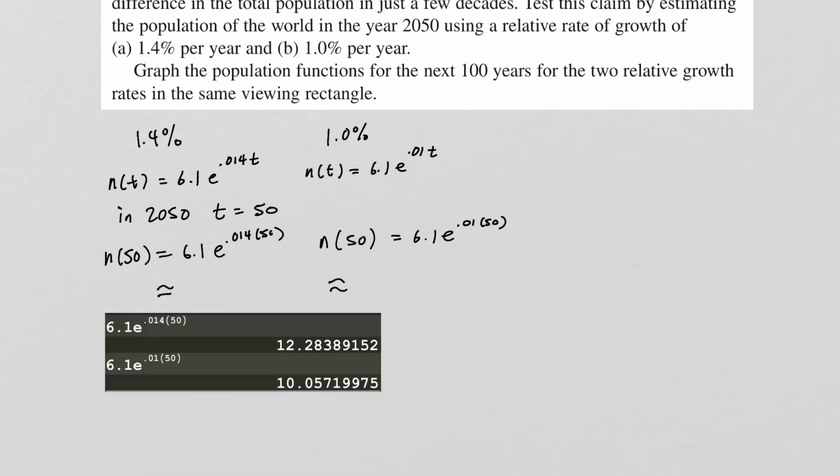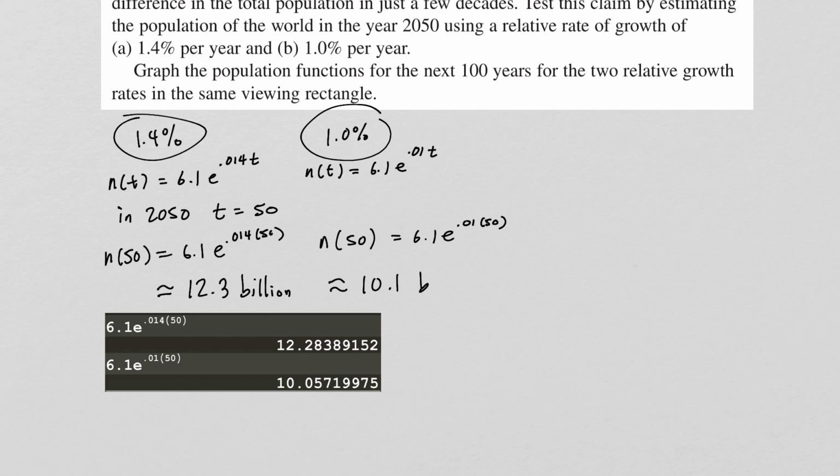So as you can see here, for this population growth model, we're going to have 12.3 billion people in the year 2050. And in this population model, we're going to have 10.1 billion people in the year 2050. So let's remember, we began with 6.1 billion.